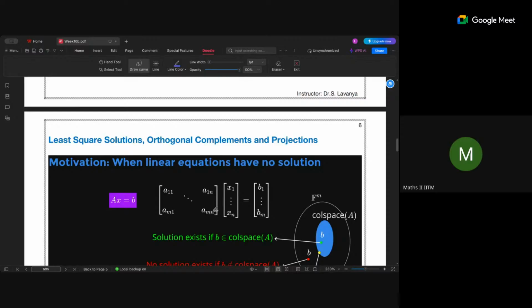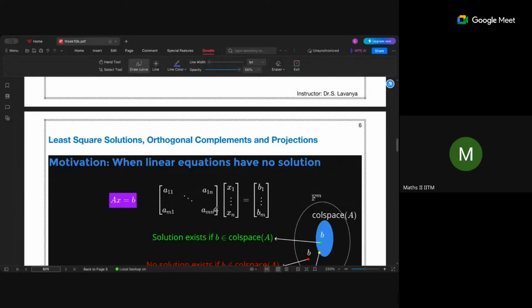Everything is actually for systems of linear equations. Rank, linear dependence, null space, all these concepts somehow help us in solving systems of linear equations.